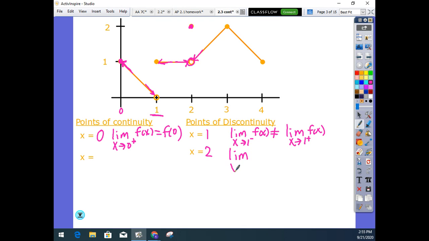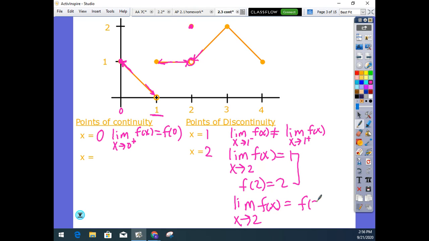The limit as x approaches 2 equals 1, but the y value at 2 is 2. See how these are different? So our reason is the limit as x approaches 2 does not equal f of 2.